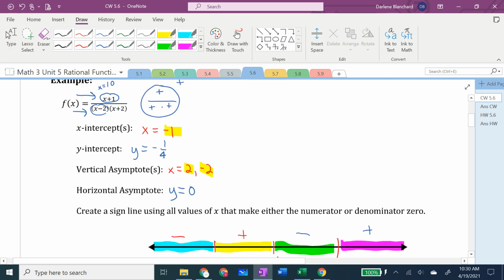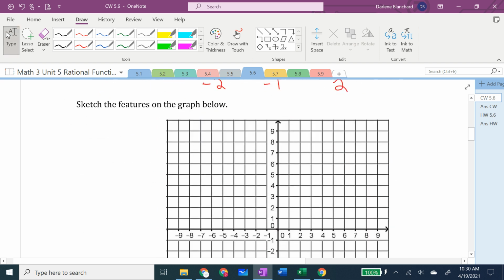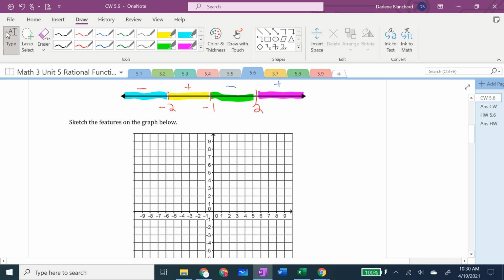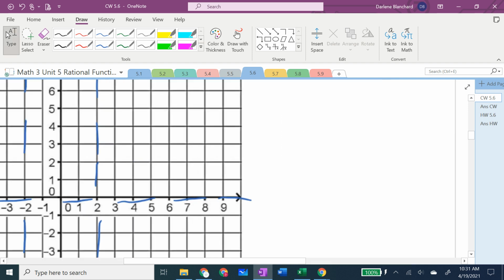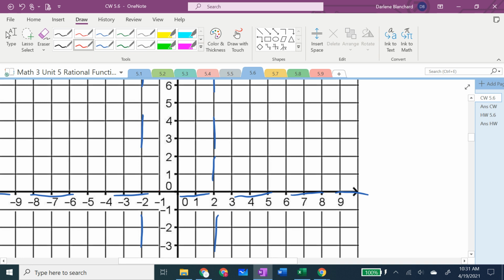Less degree in the numerator means heading to 0 when x is big. I'm going to plot these. So I had vertical asymptotes and a horizontal asymptote. So I draw my asymptotes. Then my intercepts are negative 1 for x. And y is some horrible, awful negative 1/4, which I'm just going to approximately plot.